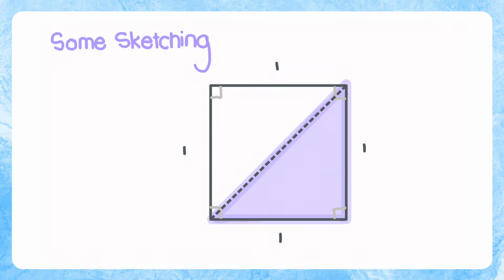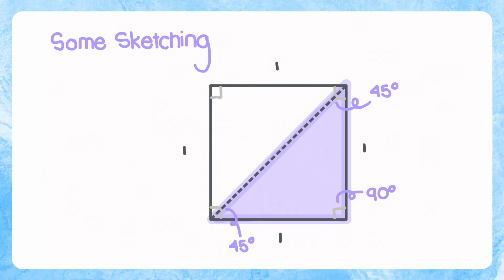So I have a right triangle here, and let's look at the angle measures. So I have a right angle right here, measuring 90 degrees, and up here, notice that the 90 degrees was split in half by that diagonal line, so it's 45 degrees. Same with the angle down here.